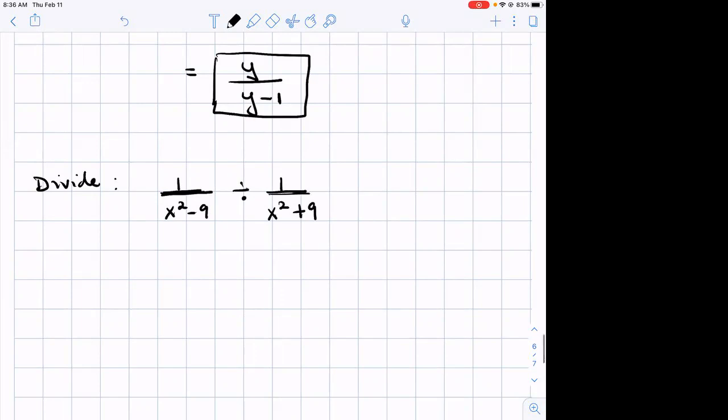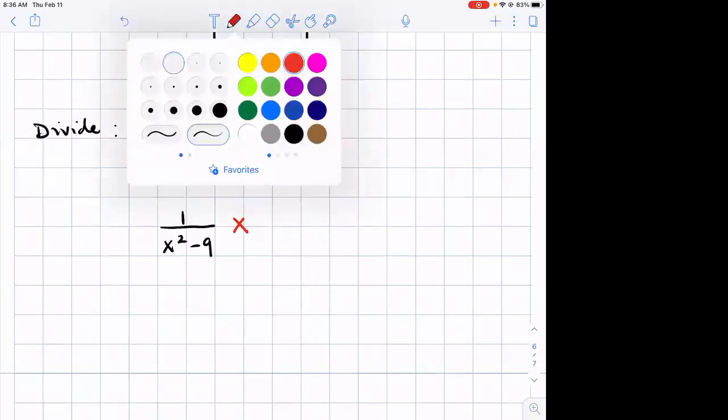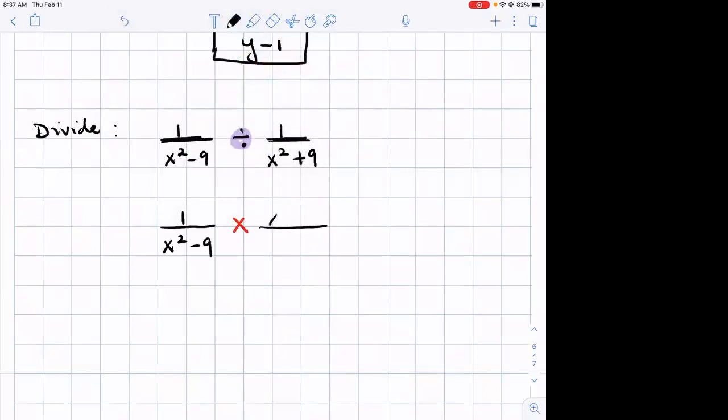So be very careful. Now we're dealing with a division sign, so we can't do anything yet. I always like to change that division sign first because sometimes we forget about it. So the first thing I usually do, I write 1 over x squared minus 9, and I change that division sign to times. But when you do that, don't forget that you have to flip the fraction to the right of the sign. So this fraction here has to be flipped.